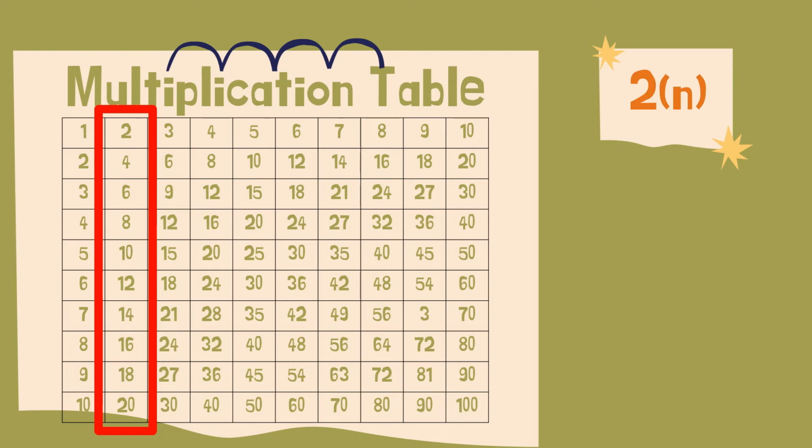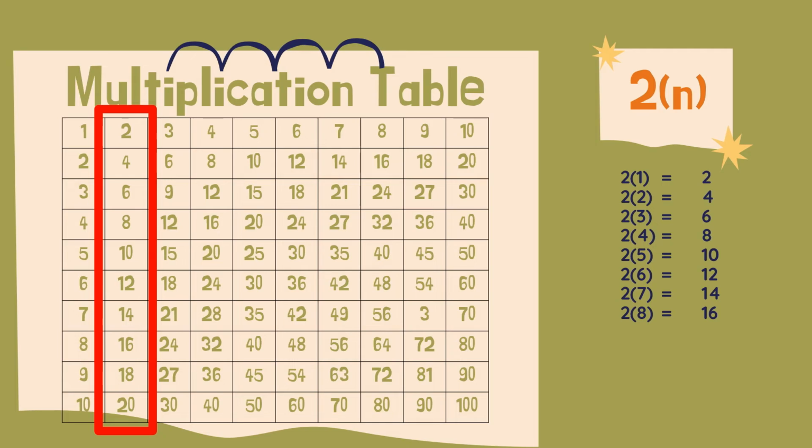So, let's see. First position, 2 times 1 equals 2. 2 times 2 equals 4. 2 times 3 equals 6. 2 times 4 equals 8. 2 times 5 equals 10. 2 times 6 equals 12. 2 times 7 equals 14. 2 times 8 equals 16. 2 times 9 equals 18.